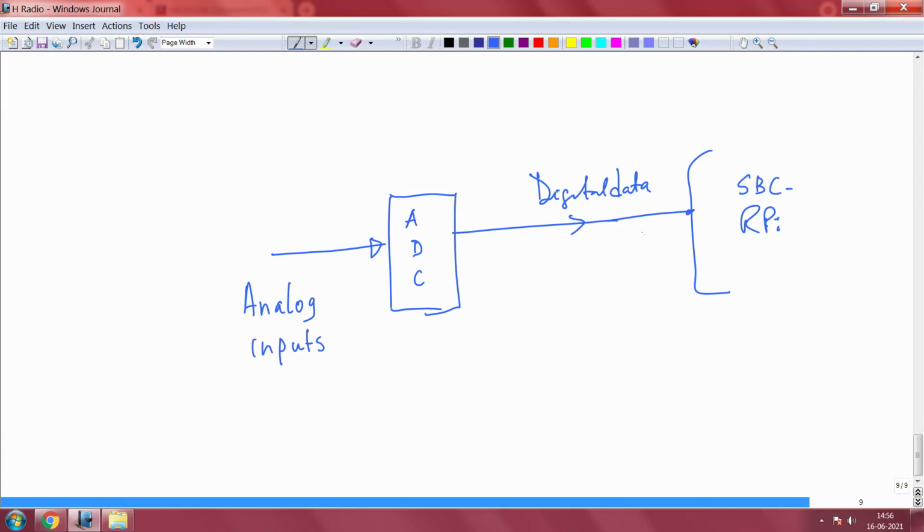Typically this digital data and this digital port can either be over a 2-wire interface, or a 3-wire interface, sometimes even a 4-wire interface. Actually this arrow is in both directions, so we should not restrict ourselves to one direction only. In fact we can show it here, and here.